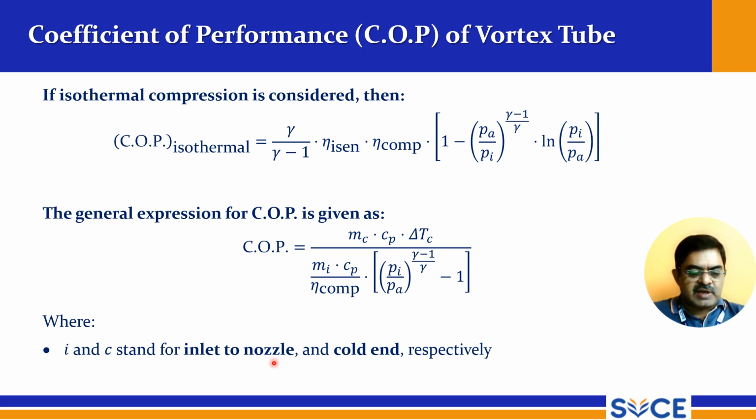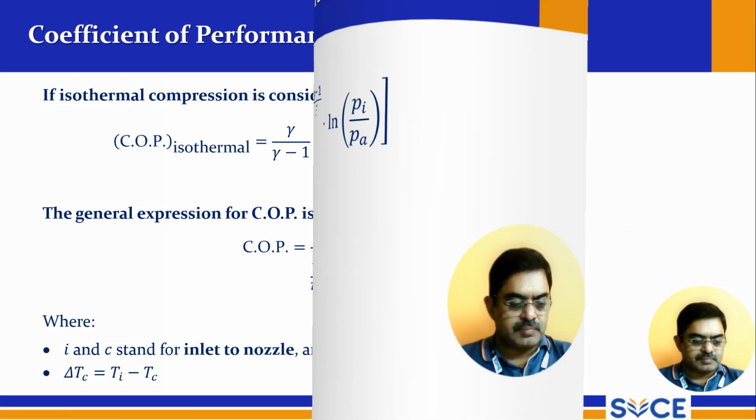So mi is the mass at inlet to nozzle and mc is the mass at the cold end. Delta Tc can be calculated as Ti minus Tc.